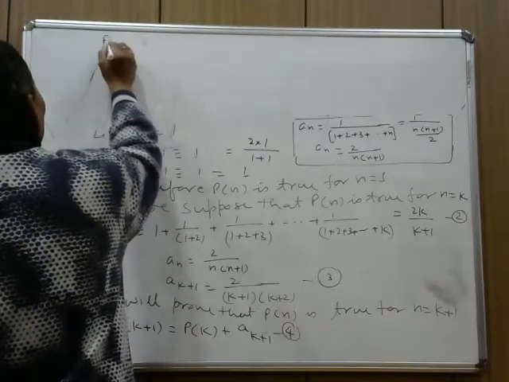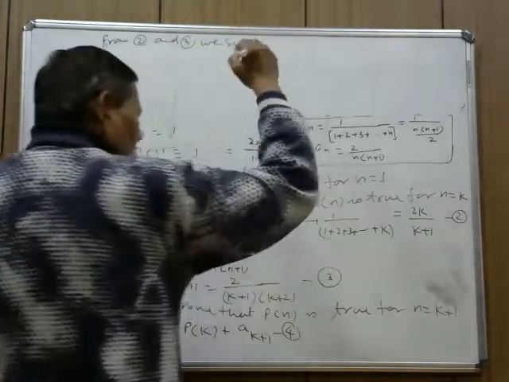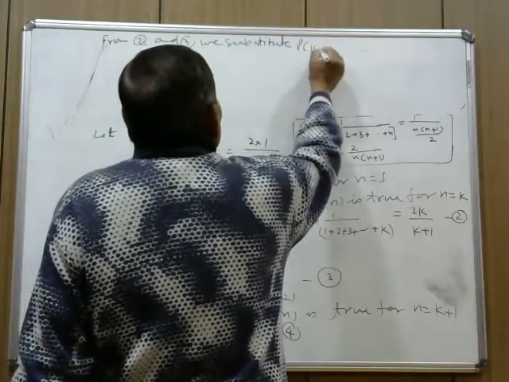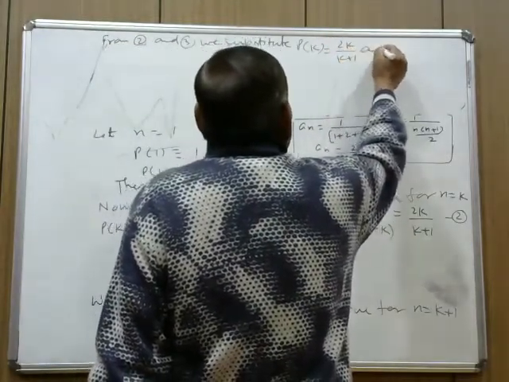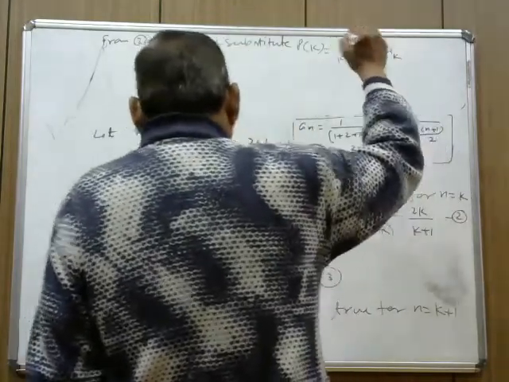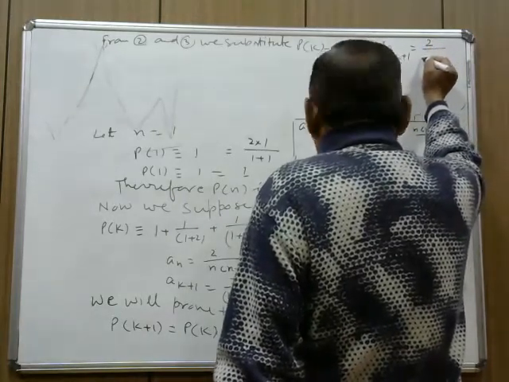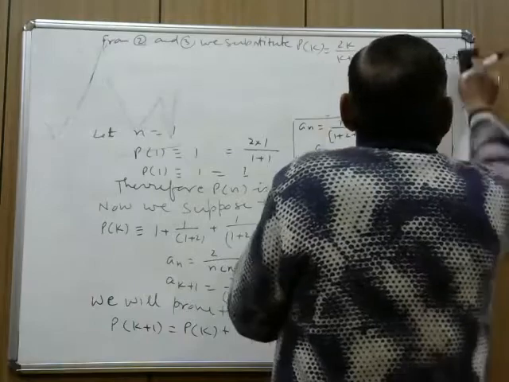From 2 and 3 we substitute Pk equal to 2k upon k plus 1 and ak plus 1 equal to 2 upon k plus 1 into k plus 2 in 4.